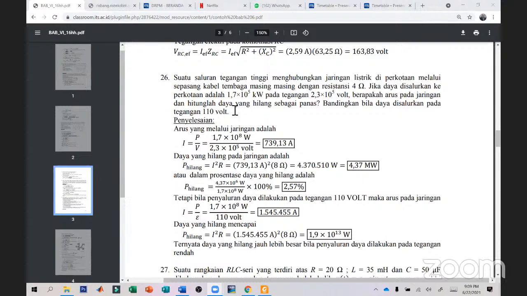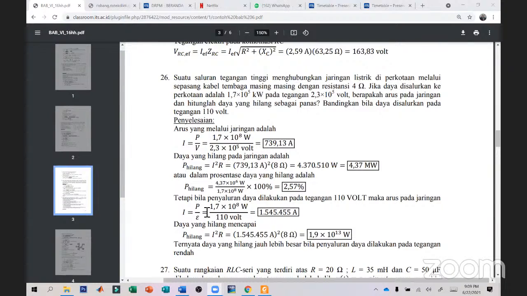Because if we transfer high power and use lower voltage, from this equation we have much loss in the form of heat.